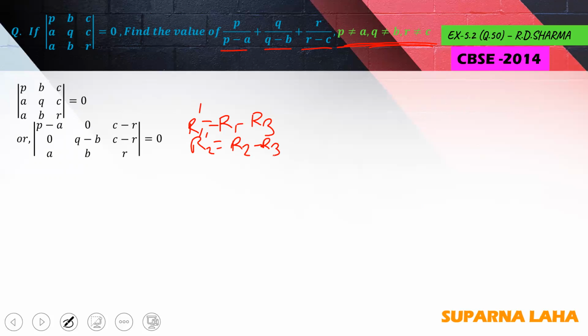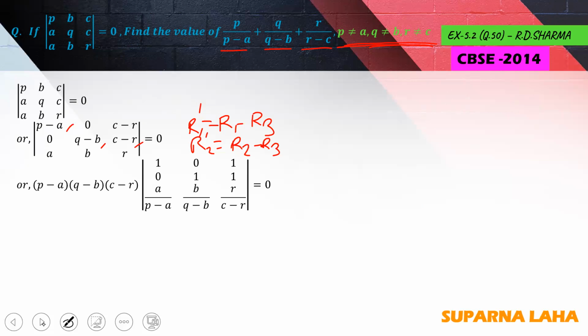So look at here, p minus a, and a minus a is 0, then b minus b is 0, q minus b, and then c minus r and c minus r. Now take common this p minus a, q minus b and c minus r. So the determinant will look like that. Now look at here.